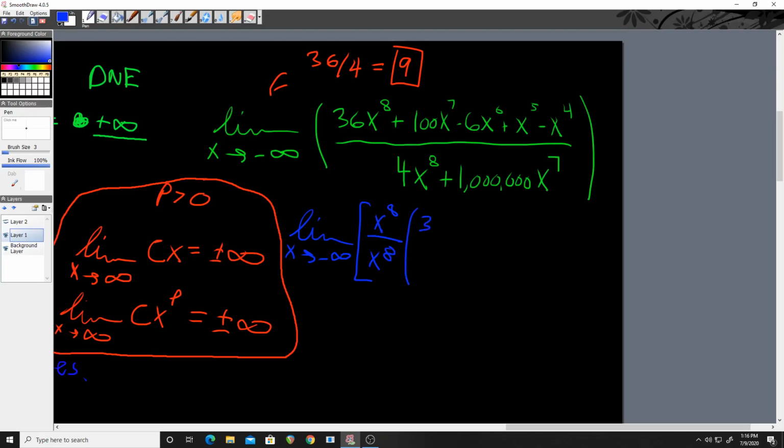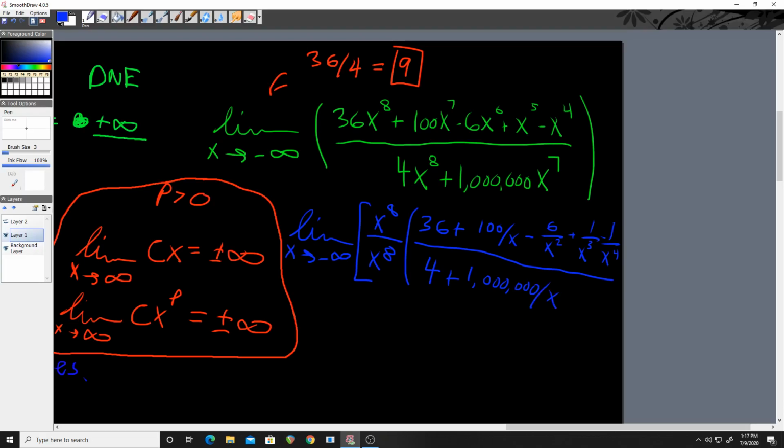I'll have 36, I'm going to go a little quicker with this one, plus 100 over x minus 6 over x squared plus 1 over x cubed minus 1 over x to the fourth, running low on space as always, divided by 4 plus 1,000,000 over x.